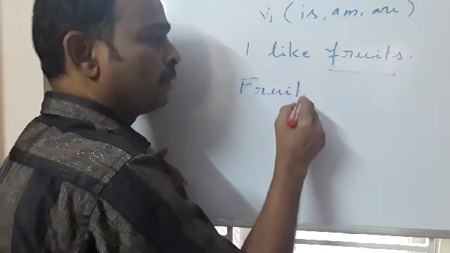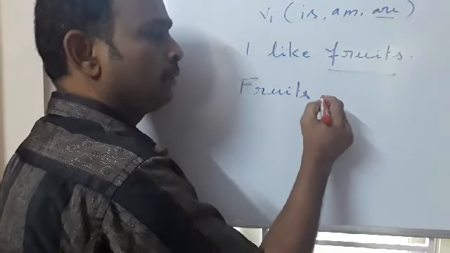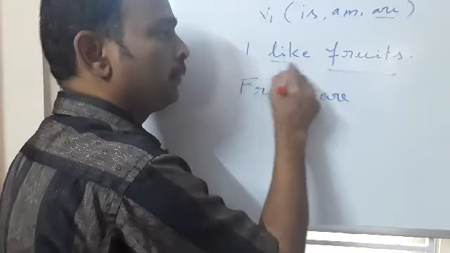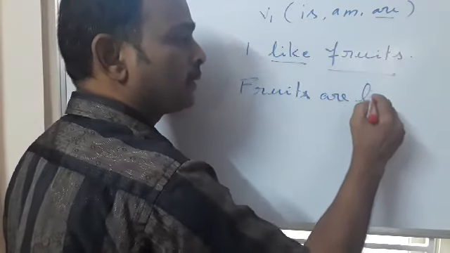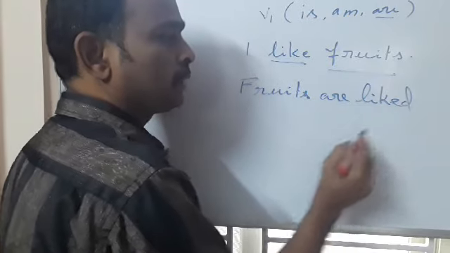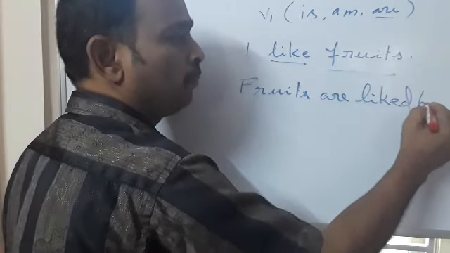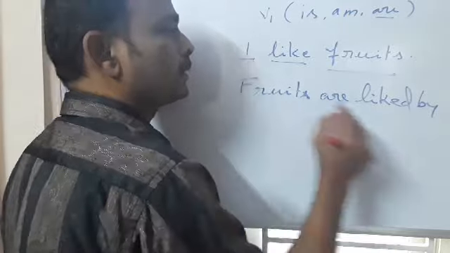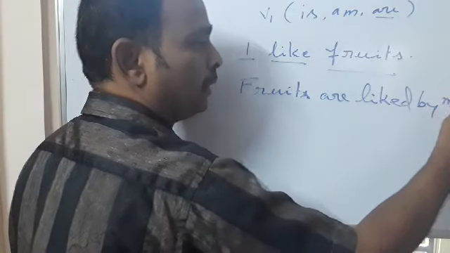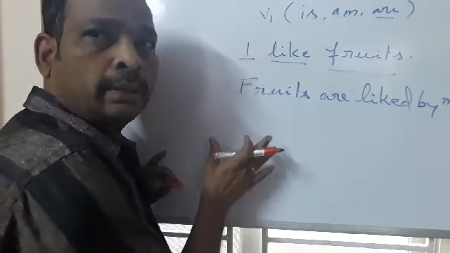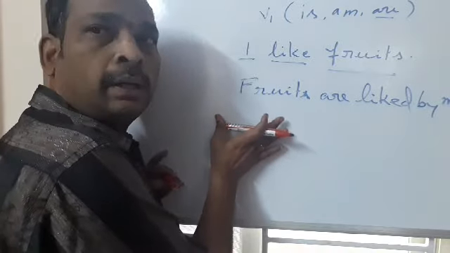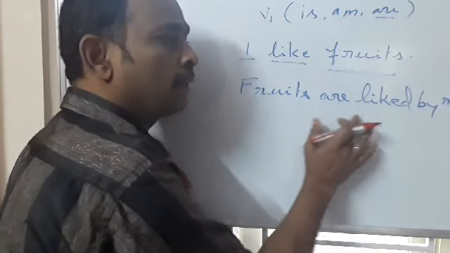After fruits, what is suitable here? Are is suitable. So, fruits are. Verb 3 of like is liked. Fruits are liked by, and this subject becomes object, me. Okay, this is the passive construction. Fruits are liked by me.